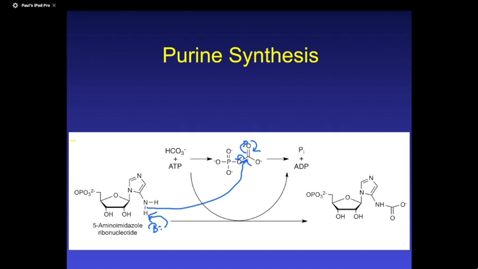Now, if you go back to the slide that says where all of the atoms come from, this says a bicarbonate ion, but in that ring structure it said it came from CO2. Remember, bicarbonate is an equivalent of CO2 that has been dissolved and reacted with water. And so, depending upon what book or depending upon what standardized exam, that could be one or the other.